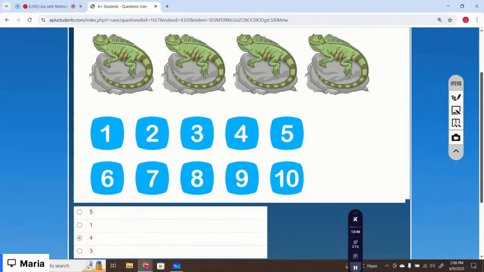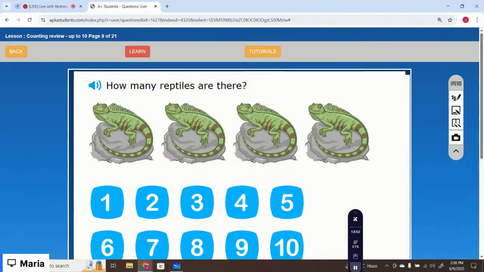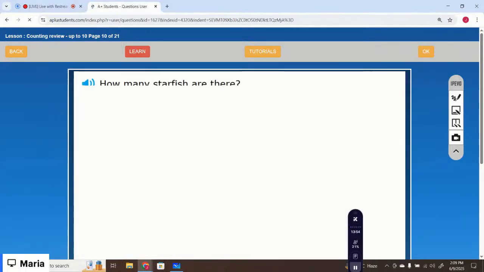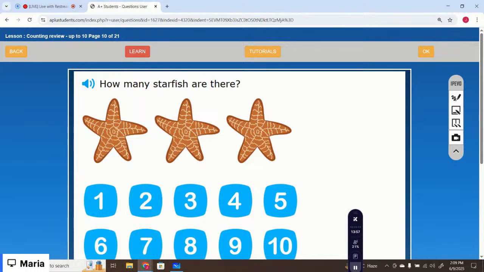Option number three is the correct. How many starfish are there?